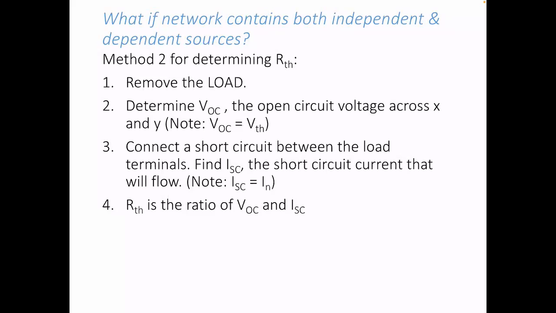And note that the short circuit current will also be equal to your Norton current. Finally, RTH is the ratio of your open circuit voltage and your short circuit current. Or RTH is also the ratio of your Thevenin voltage to your Thevenin current.